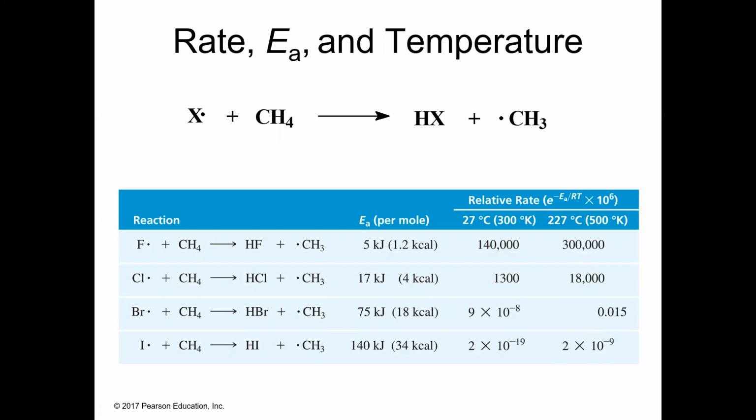Okay, the reaction with fluorine, we can see that, looking at the next to the last column here, 140,000 versus 1,300. So at room temperature, fluorine reacts about 100 times faster than chlorine.